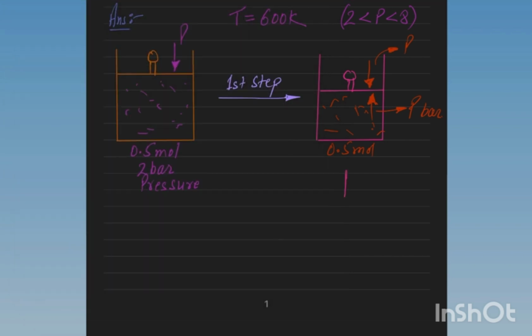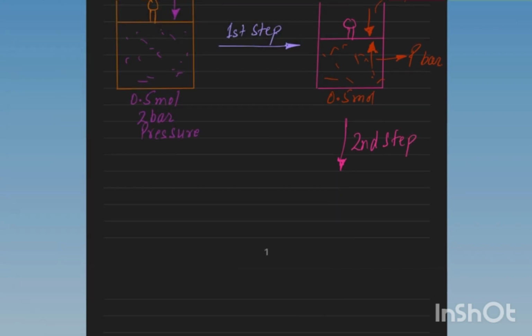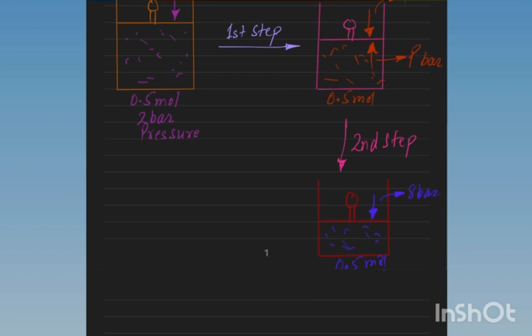And in the next step, the second step, the piston comes down, but now the pressure at which this second step happens is 8 bar pressure.